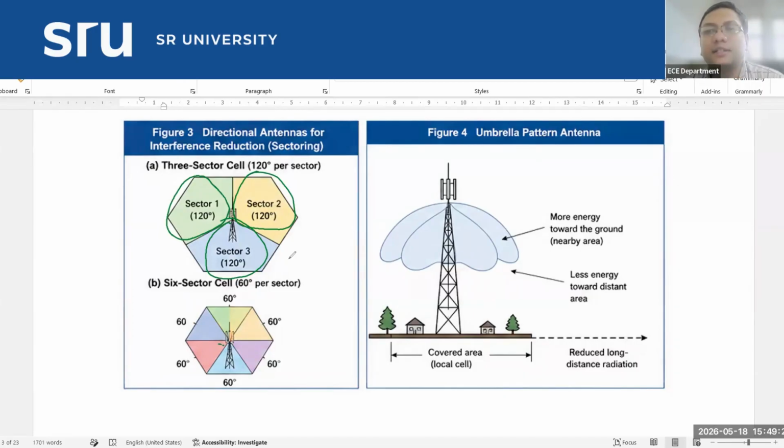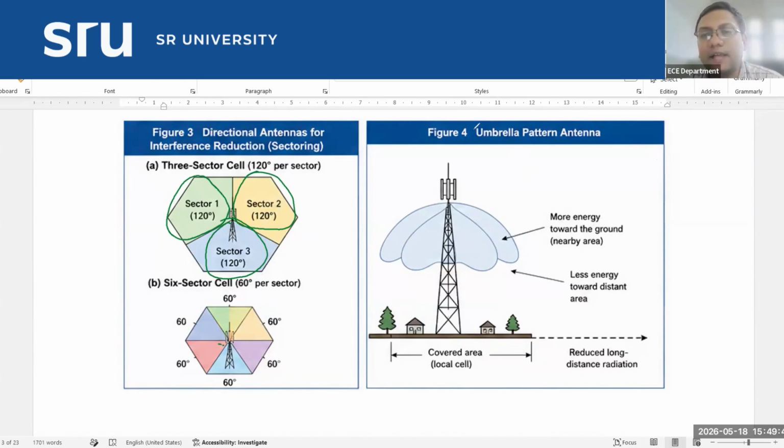Rather, the intended angle of radiation is specified. So this is one technique of using directional antennas for interference reduction, and it is called the sectoring technique.